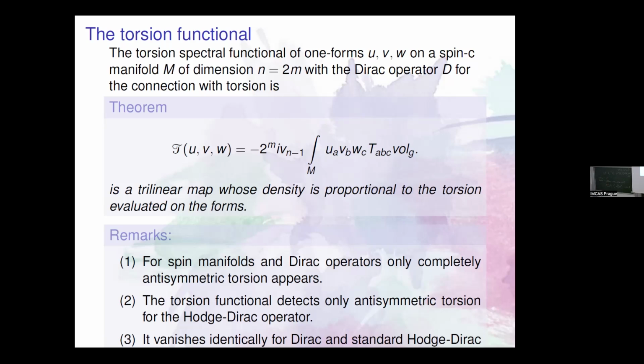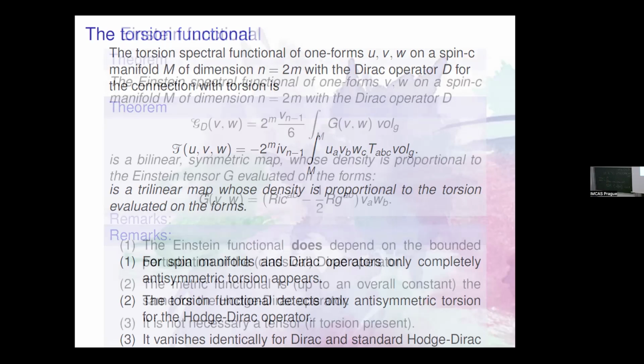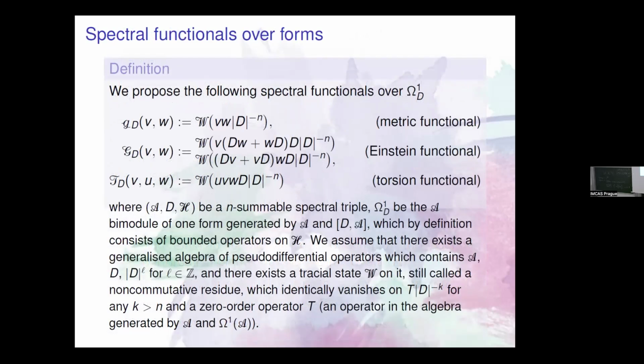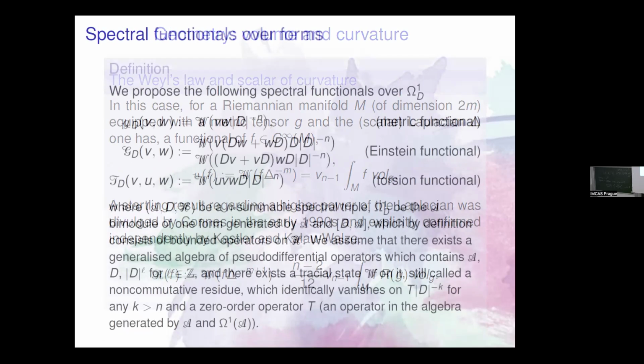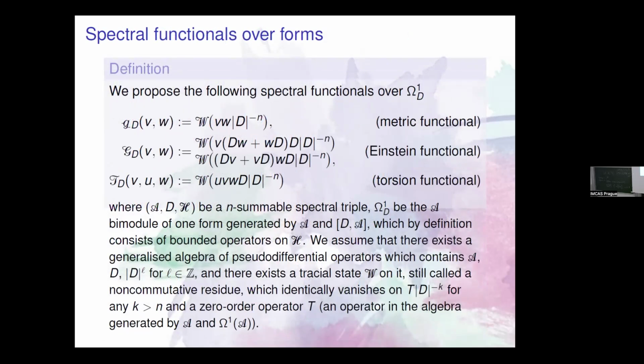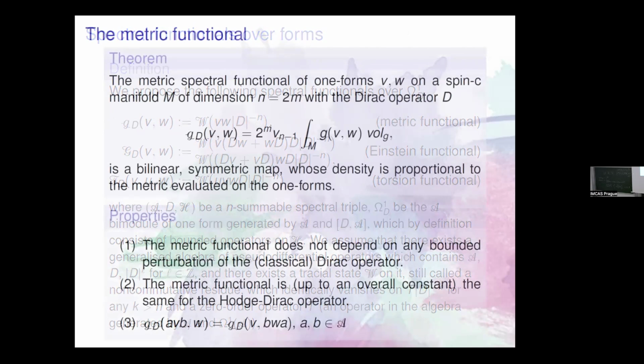And the condition is very simple. You just compute this functional, and remember this functional is very easy. It's just u v w, a product of three one-forms, D and D to the minus n, and you compute the residue of that.